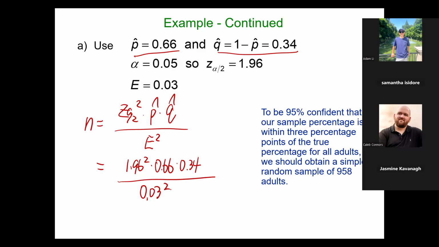And then we'll get, let's see, it will be 957 point something. Put into the calculator, 0.66 times 0.34 over 0.03 squared.